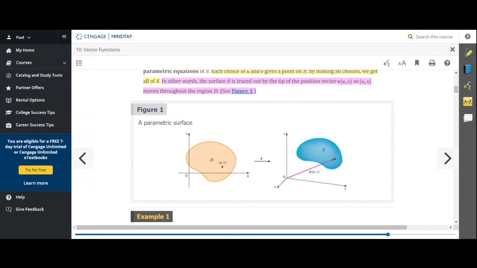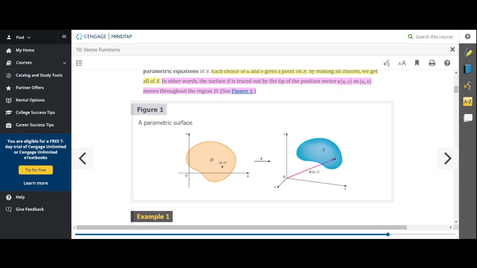So think of it like using a pencil to scratch out a surface in space. But the tip of the pencil changes as u and v vary. So as u and v vary, the tip of the pencil varies, every time touching a new point.